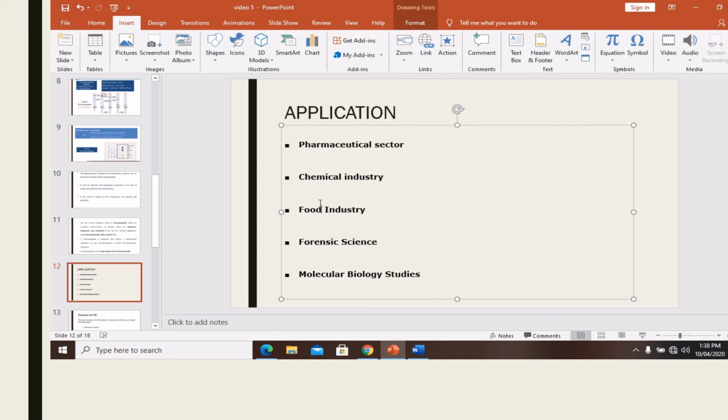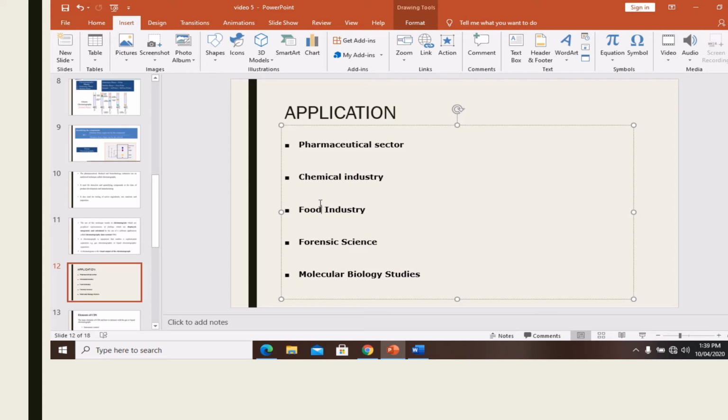In the food industry, it can be used for spoilage and additive detection and determination of the nutritional quality of food. And forensic science: in forensic pathology, crime scene testing like analysis of blood and hair samples from crime scenes. And molecular biology studies: various chromatography techniques are applied in the study of metabolomics and proteomics, along with nucleic acid research.